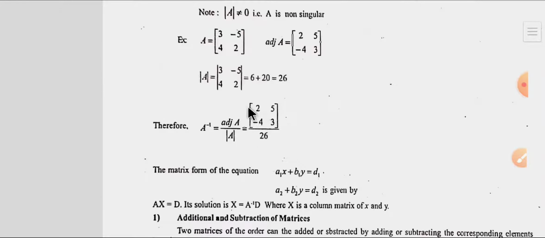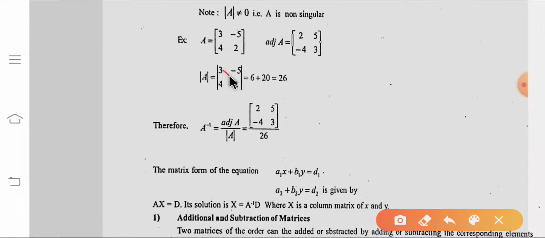For example, suppose the given matrix A is 3, minus 5, 4, 2. Then we find A inverse. For A inverse, we need the determinant of A first. The determinant of A is the determinant of 3, minus 5, 4, 2, and the determinant expansion is cross multiplication: 3 times 2, that is 6, minus 4 times minus 5.